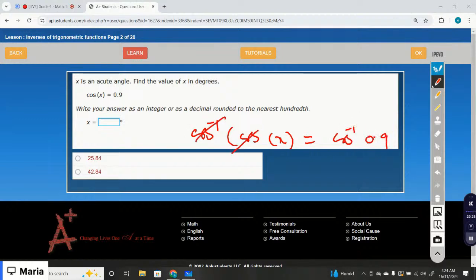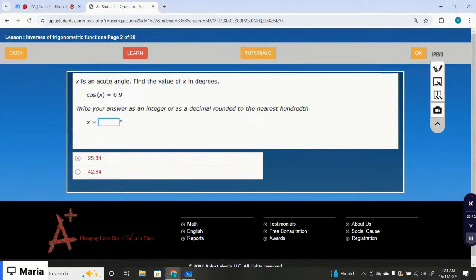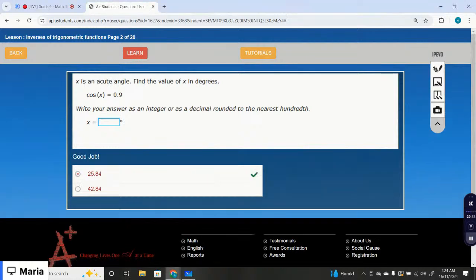Cos and cos inverse cancel out because they are opposite to each other. So you have to do cos inverse 0.9. So the correct option is 25.84. Option number 1 is the correct option.